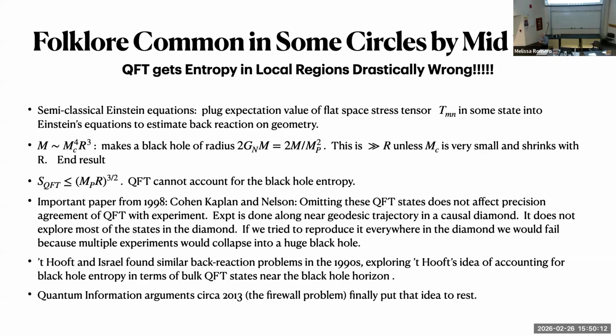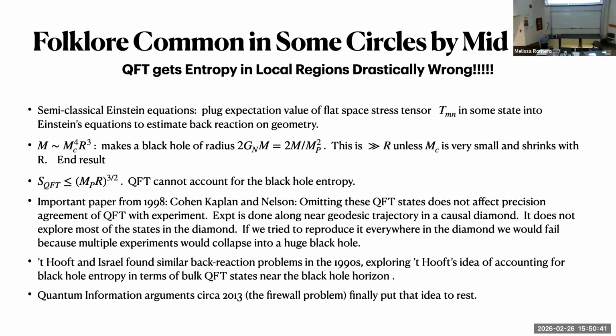Because we've done these incredibly precise experiments that test quantum field theory up to 10 to the 16th, 10 to the 17th GeV with enormous precision. You've all seen the fine structure constant and g minus 2 of the electron and the muon, the degree of precision with which those agree with quantum field theory.